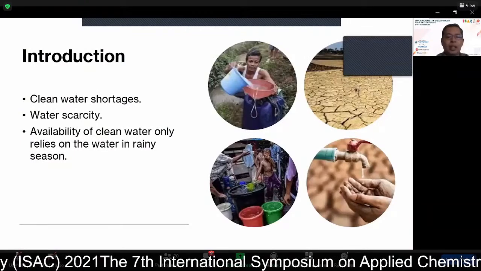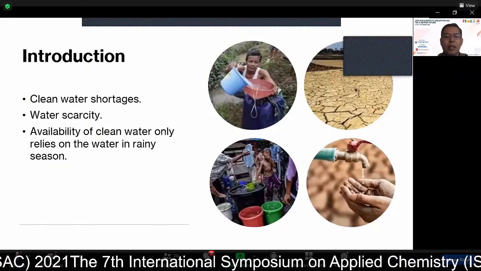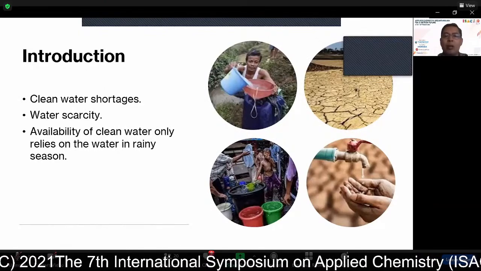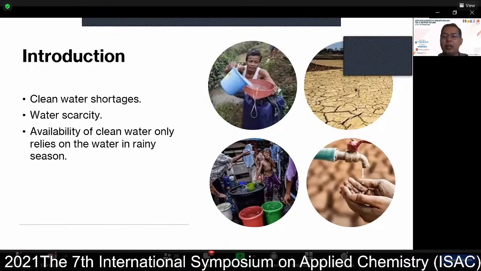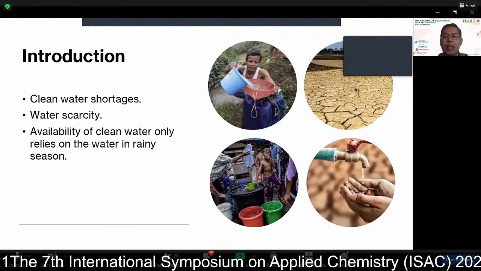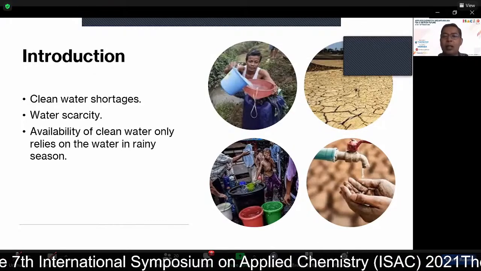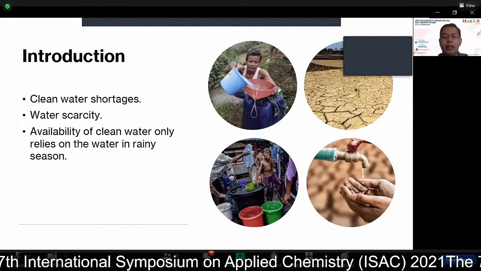Water scarcity is recognized as one of the most important concerns in many countries, including Indonesia, with some regions experiencing water shortage. The availability of clean water only relies on the water in the rainy season.